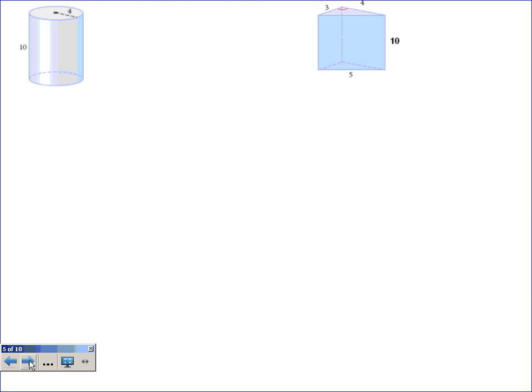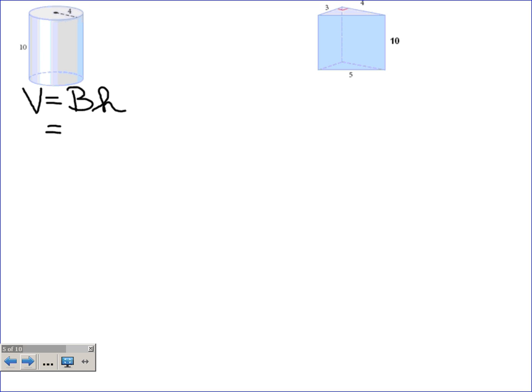Justin, how do we figure out this awesome cylinder's volume? Volume equals what? Area of the base times the height. How do you find the area of the base? What is the base? What shape is the base?